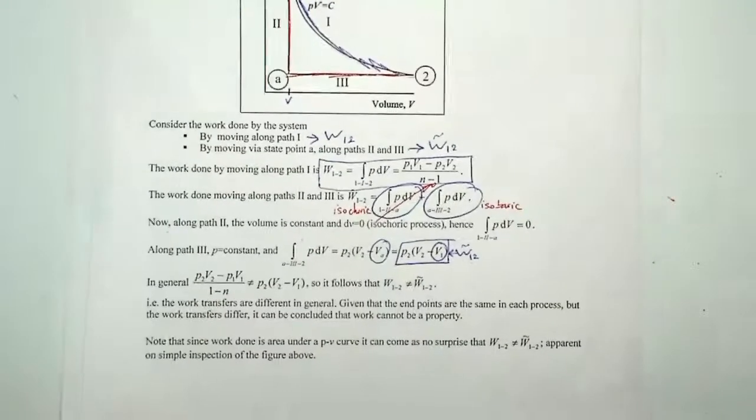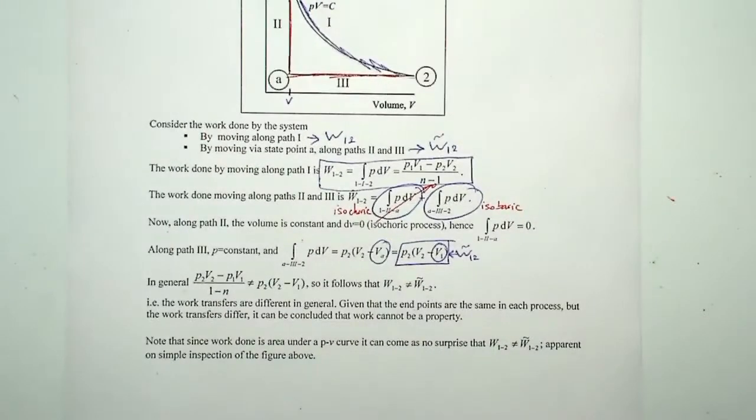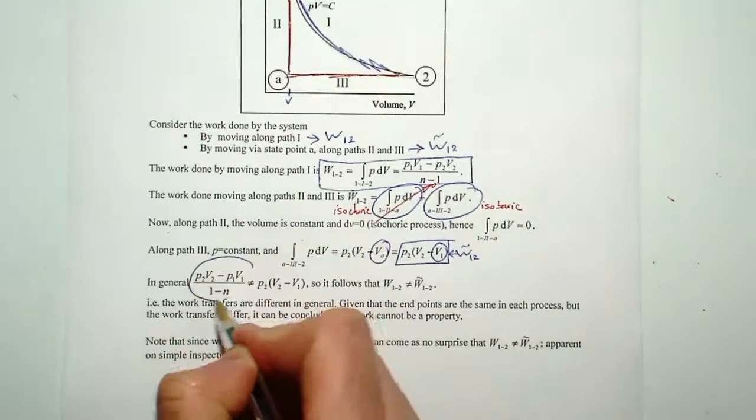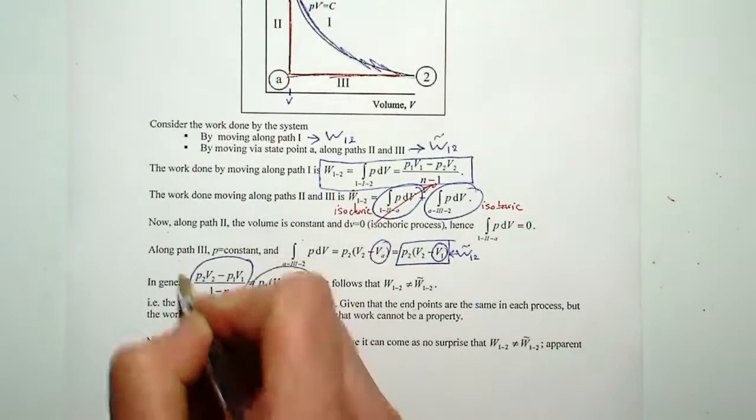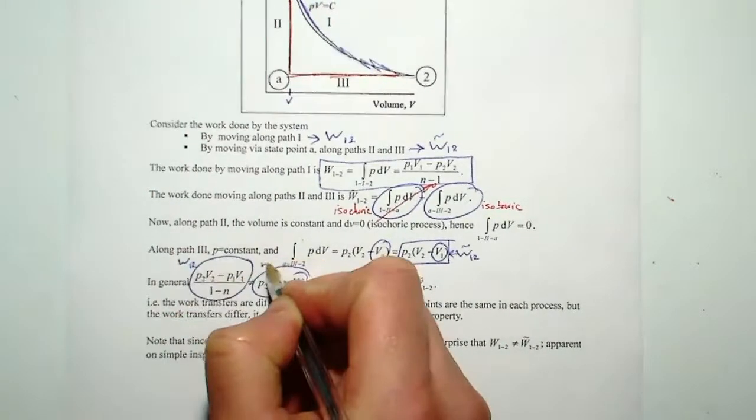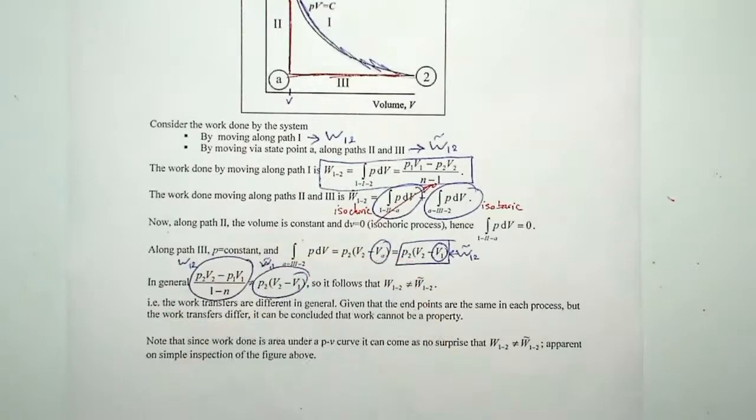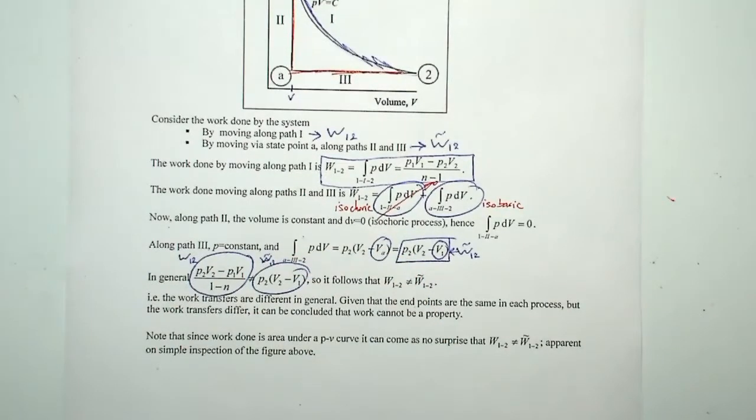Now, naturally, this and this, which were W12 and W tilde 12, are not the same. They're not equal to each other. And what does that tell us? Do you remember the definition of property in the first lecture? I said a property is path independent.